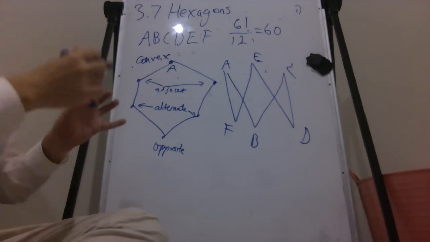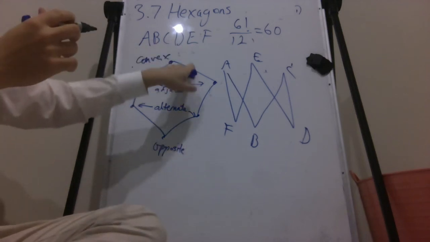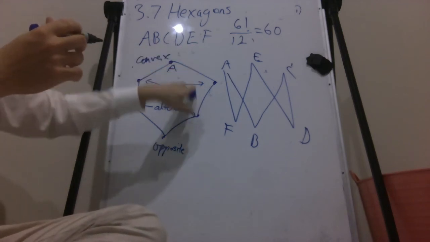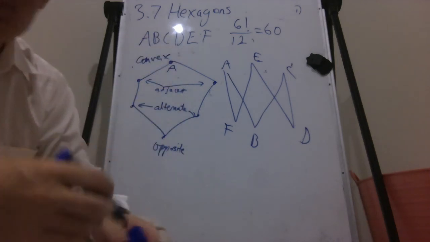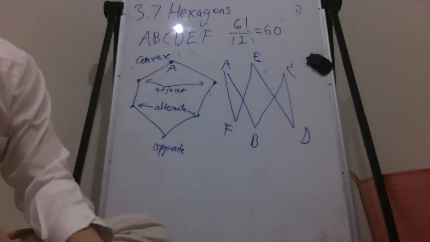If you don't skip any, it's adjacent. If you skip one, it's alternate. Skip two, it's opposite.